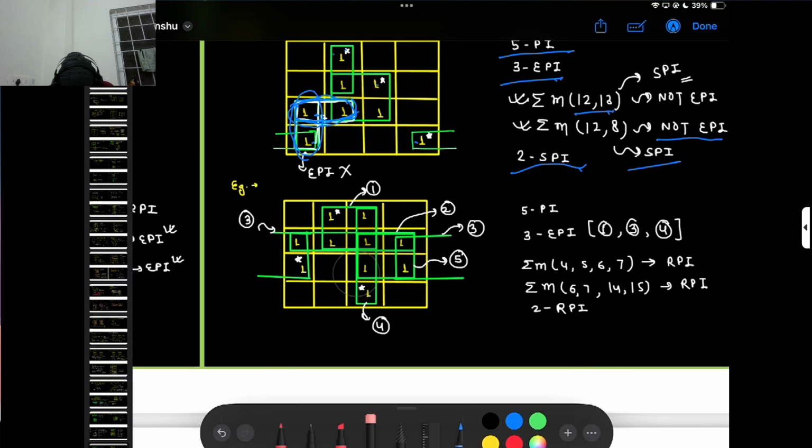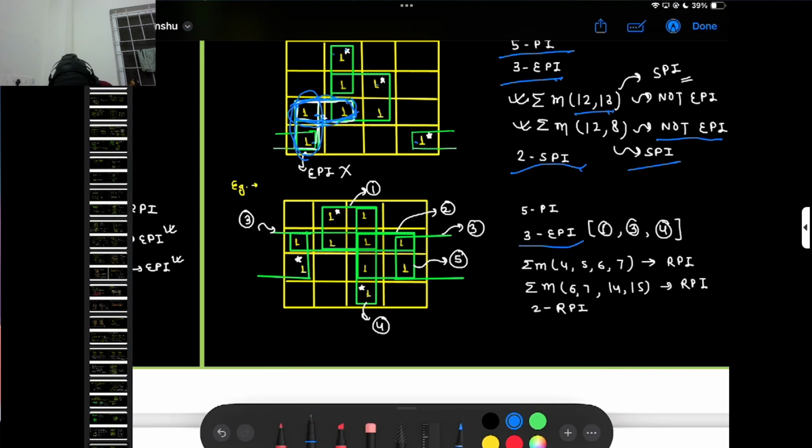Okay, here again one group. Here again one group. So that also comes under PI. Now check the EPI, essential prime implicant. So essential prime implicant here is, this term is not covered. Here one, and here one. So three API.